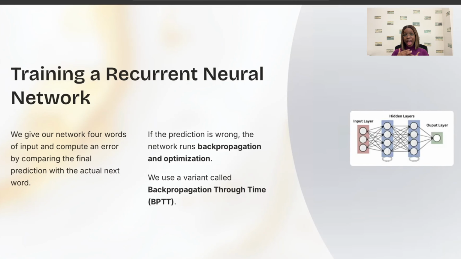That is, with the actual next word in the training data. And if the prediction is wrong, that is, if the word should not have been models, then the network runs backpropagation and optimization to adjust its weights and biases. Now, recurrent neural networks use a variant of backpropagation called BPTT, that is, backpropagation through time.